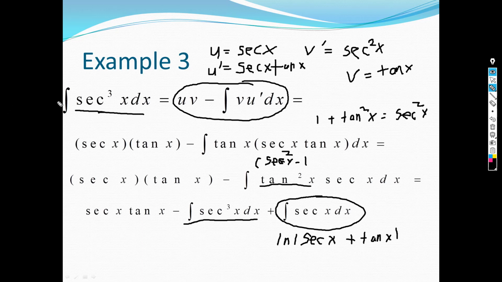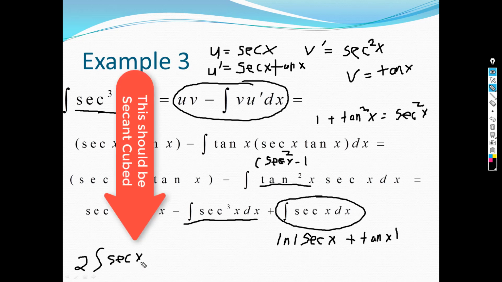Okay, so this is simply going to become twice the integral of secant of x dx will equal, and then everything's going to stay the same.